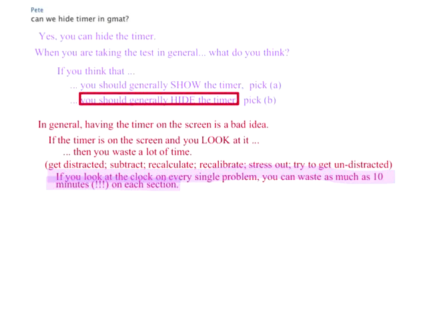And then if the timer is on the screen but you don't look at it, it's just this constant thing that's pulling on your mind. It's a lot like having your favorite food on the table while you are trying to fast.